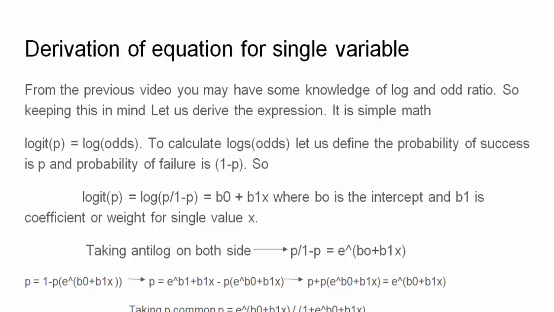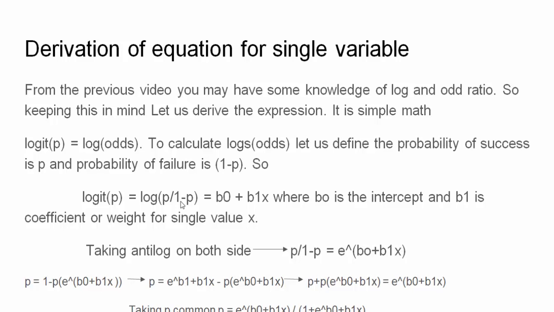It is simple math. The logit of P is equal to the log of odds. To calculate the log of odds, let us define the probability of success as P and the probability of failure as 1 minus P. So the logit of P is equal to the log of P upon 1 minus P. How does it come? If you see the previous video, odds is equal to the probability of success upon the probability of failure.